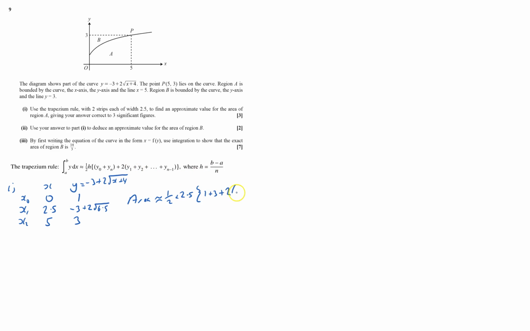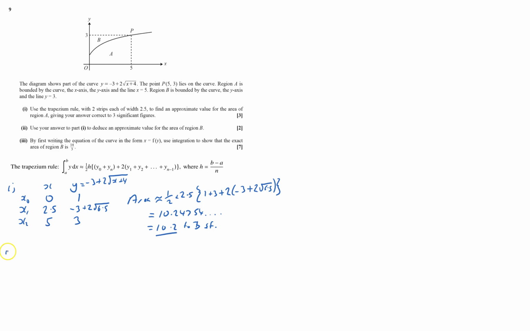I've only got one middle one. 2 lots of -3 plus 2 root 6.5. And if I do that in calculator, that equals 10.24754, which equals 10.2 to 3 significant figures.